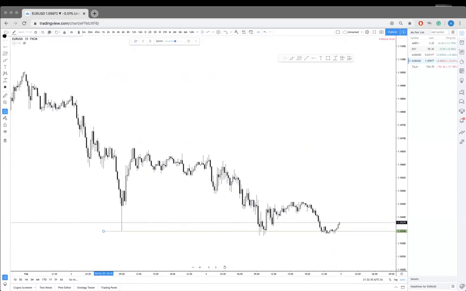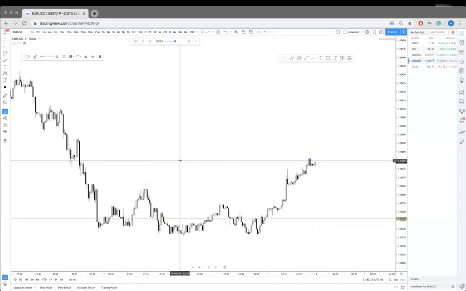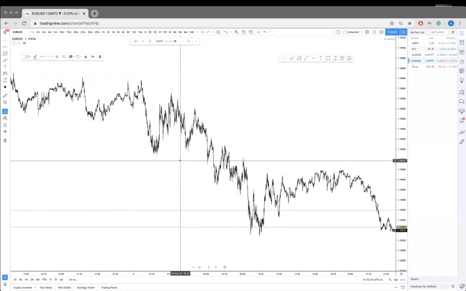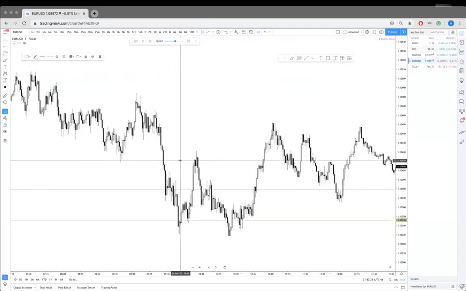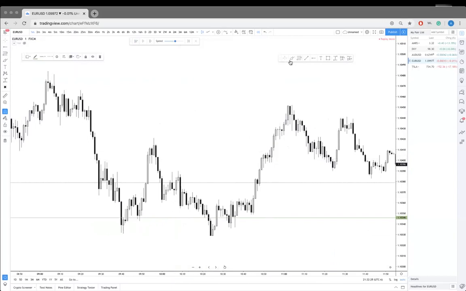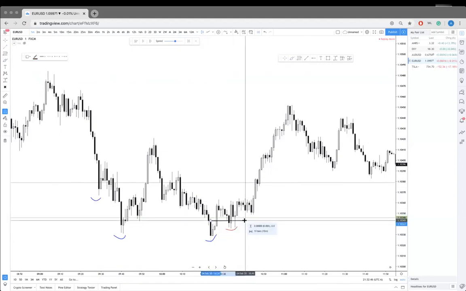And as you can see here, this was our accumulation. This is our accumulation setup, and I took the entry off of this.